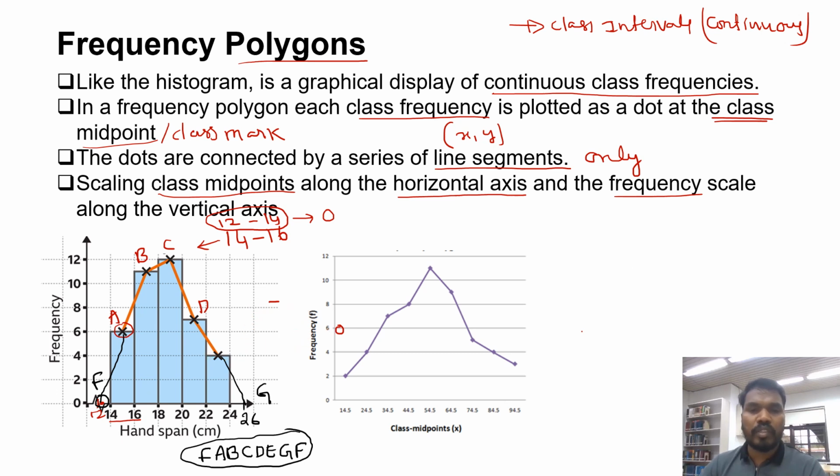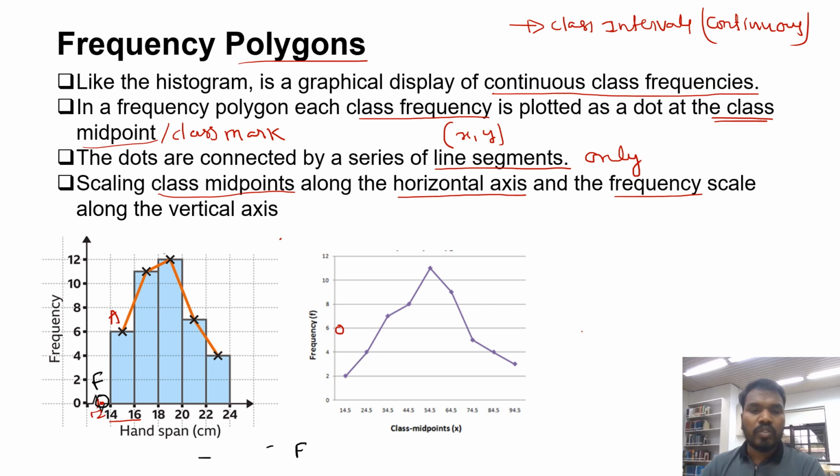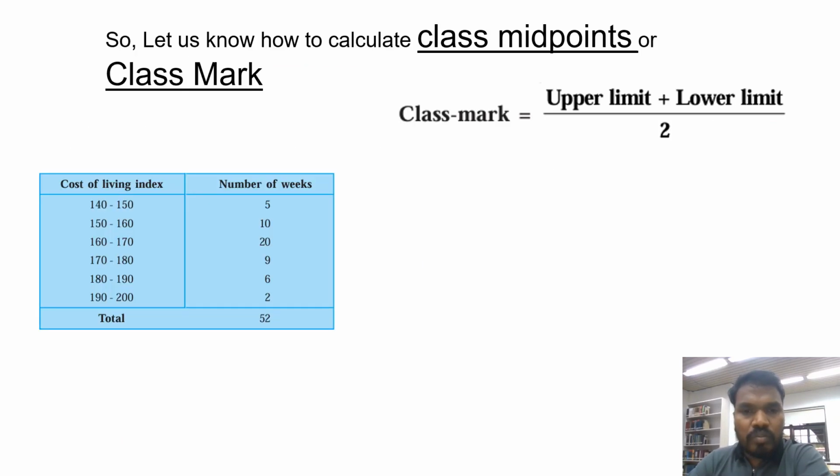There is no harm in that, but according to the definition, a polygon is a closed figure made up of line segments, so we want to make sure that our figure is a closed figure. So for that purpose we are taking the extra two class intervals with frequency 0. Clear?